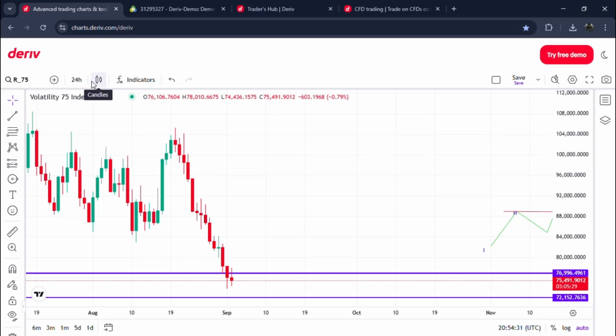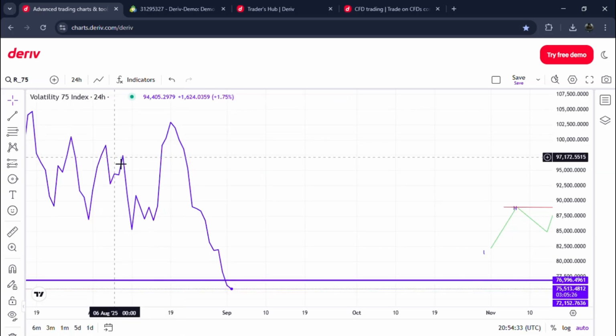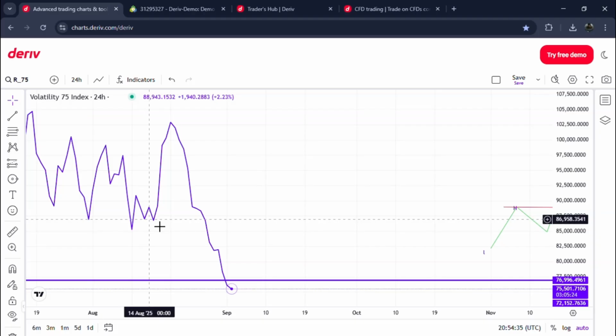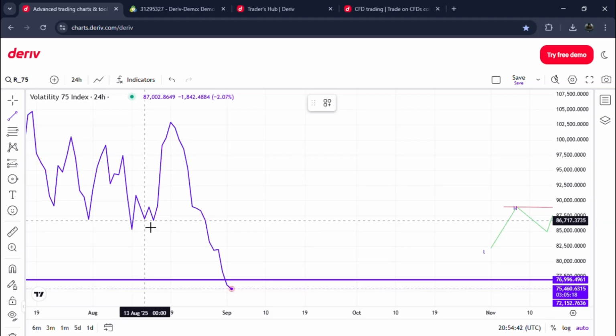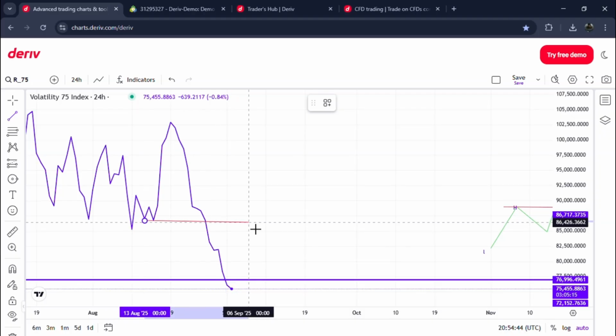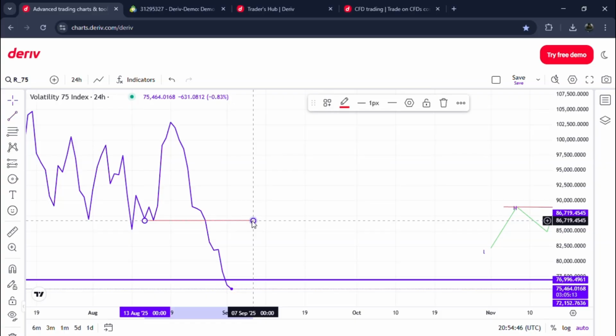We can clearly see here was our last peak. I always like using this trend line, but then I align it to make it more horizontal. So this is our previous peak.